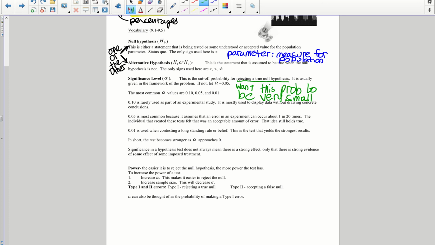We want this probability to be very small. That was an ordeal.